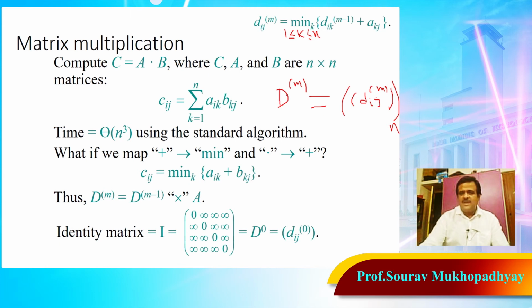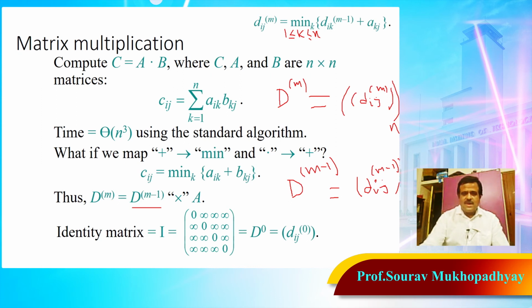Similarly, we have capital D^(m-1), which is nothing but the matrix of the d_ij^(m-1)'s. This is the ijth entry of that matrix. This is m minus 1, and this is an n cross n matrix, and we have the A matrix over here.